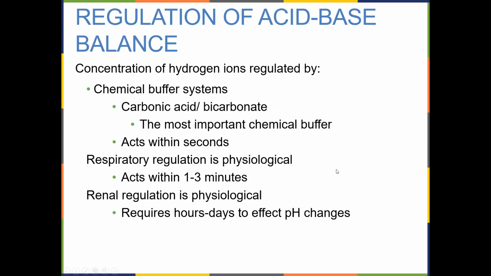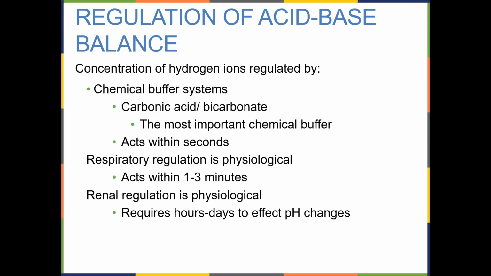Okay. Now our bodies are constantly regulating our acid-base balances. We have a series of buffers to do this. We don't like being acidic. We don't like being basic. The chemical buffering system is the most important buffering system that we use. That's something, circle that, put a star on it.